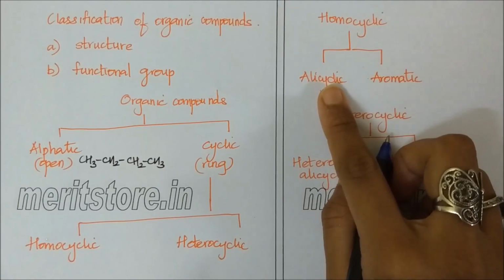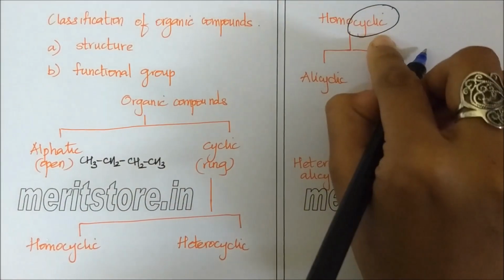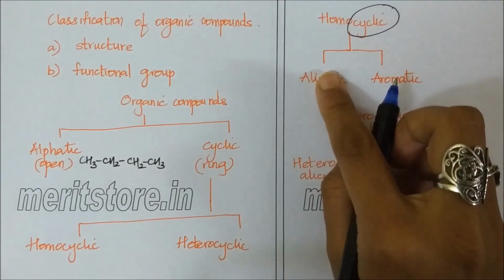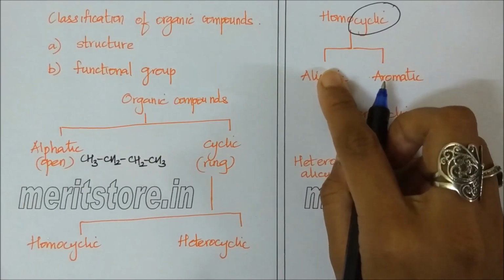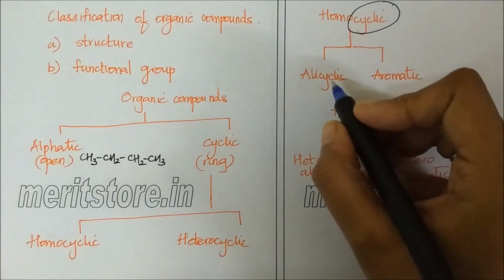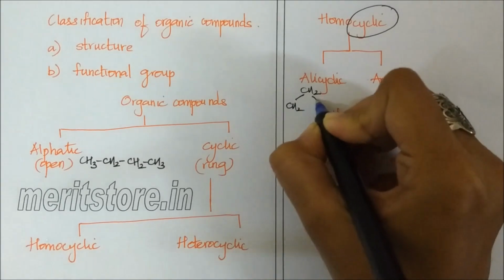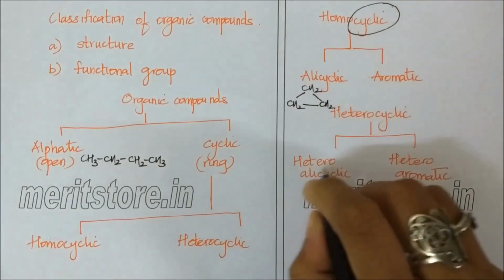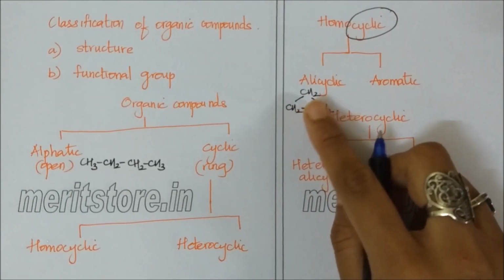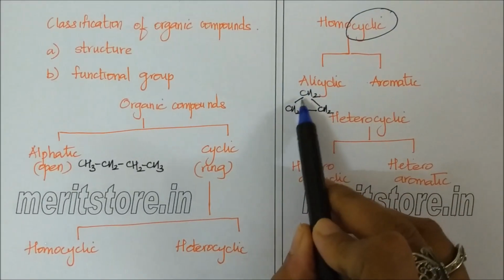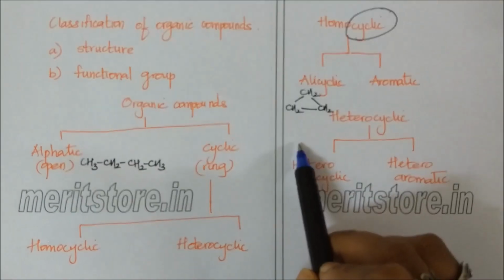Alicyclic compounds are ring compounds, but they have only carbon atoms and single bonded carbon atoms. An example of an alicyclic compound is cyclopropane. It is a three-membered ring in which there are only carbon atoms bonded to each other by single bonds.